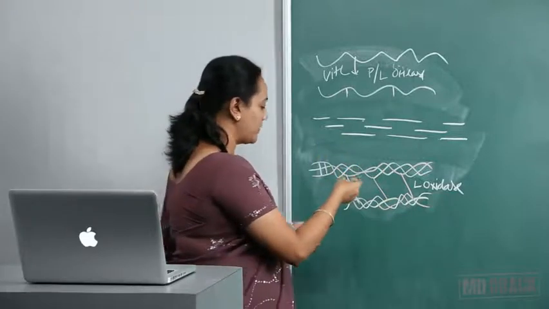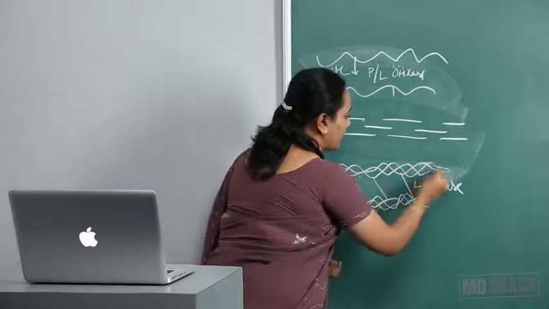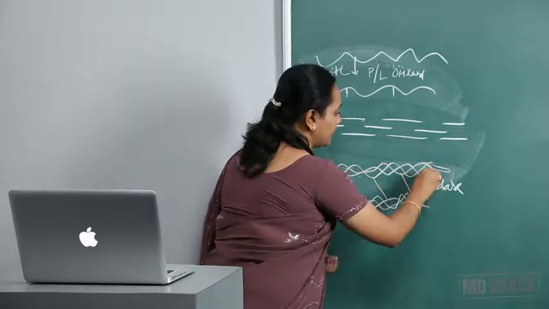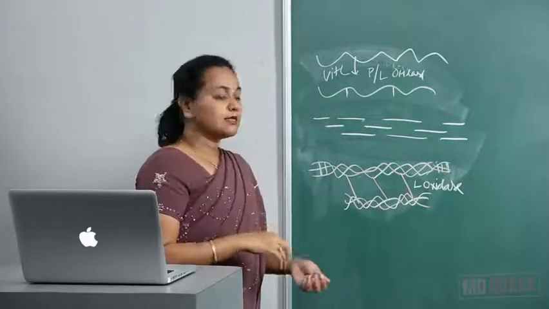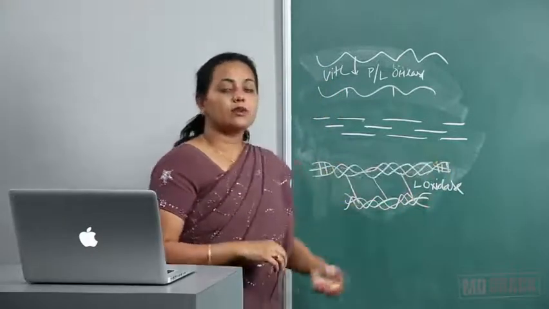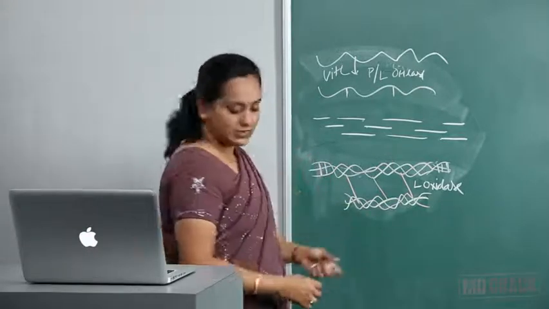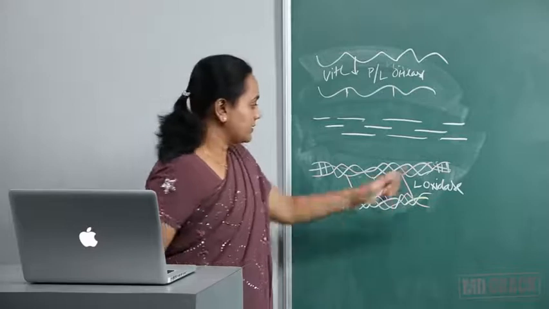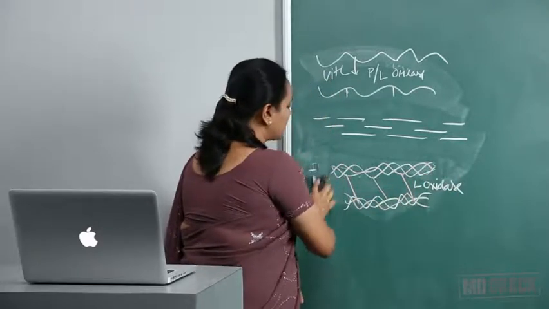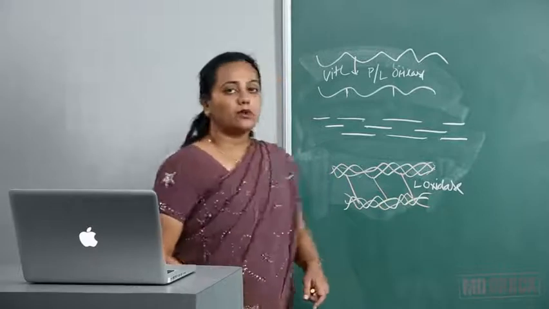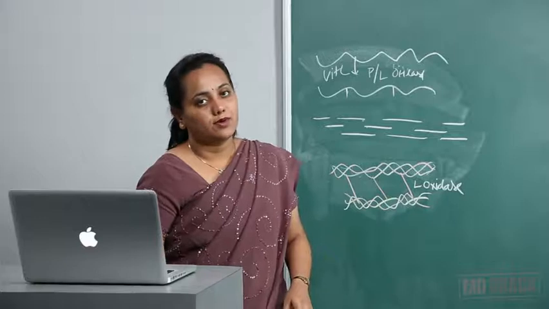But once they are secreted out, this portion is cleaved off by procollagen peptidase, the N and C terminal. So all these enzymes are involved in collagen synthesis except topoisomerase.